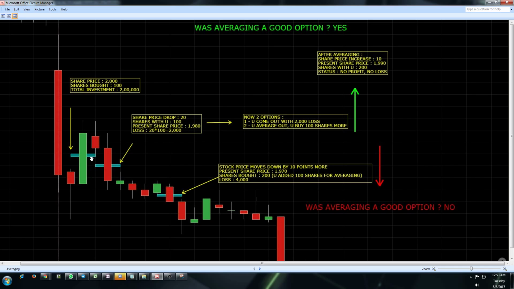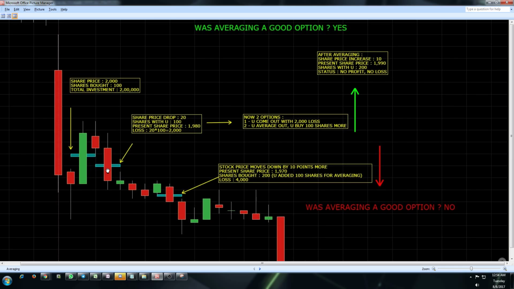Now what happens? The stock goes up for a while, and then to our surprise it starts falling after that. Let's say that the stock has fallen by 20 rupees from the point where we went long. For a 2000 rupees stock, it is not a big deal to come down by 20 rupees, right? So at the second blue line, the share price has dropped by 20 rupees.